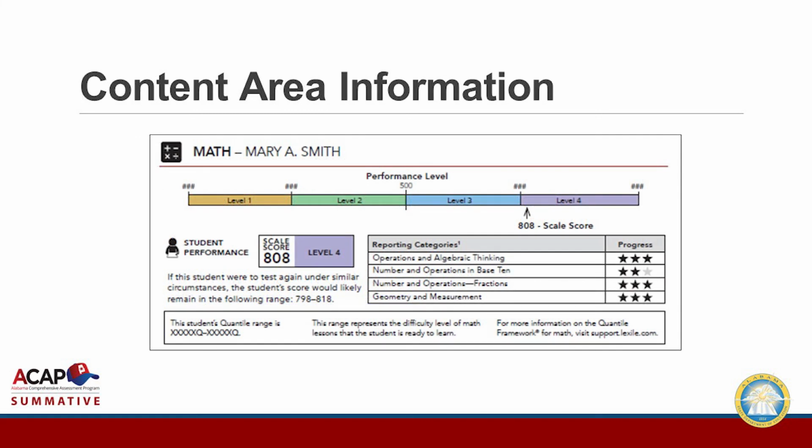Below the information for ELA is the same kind of information for math. You can see where your student's scale score falls within their performance level for math and where their strengths and weaknesses are for each reporting category. Below that is a box that shows your student's quantile range.